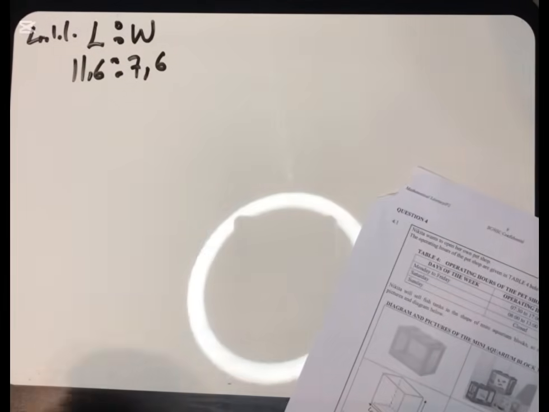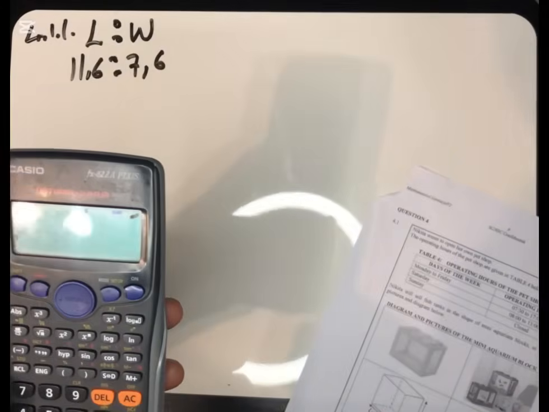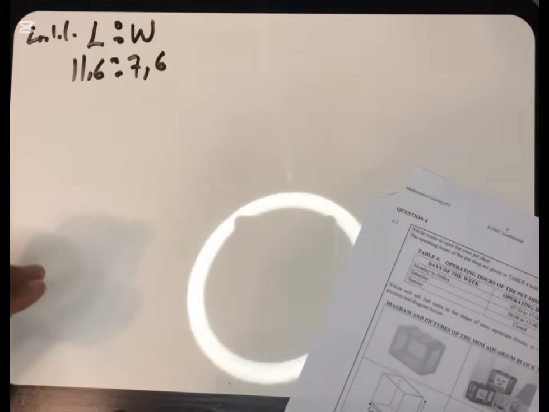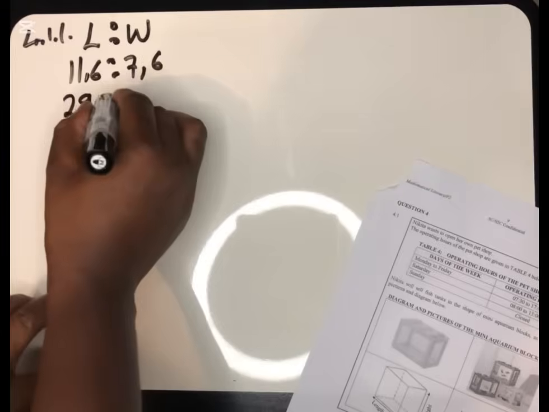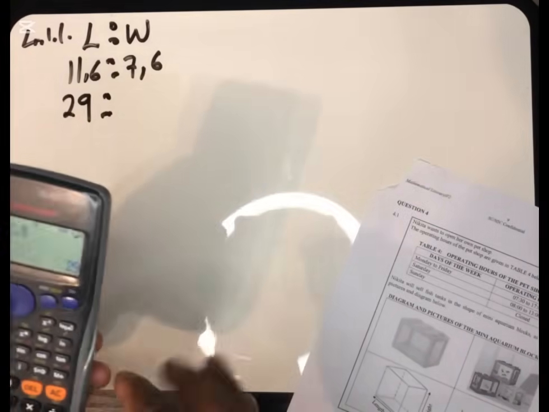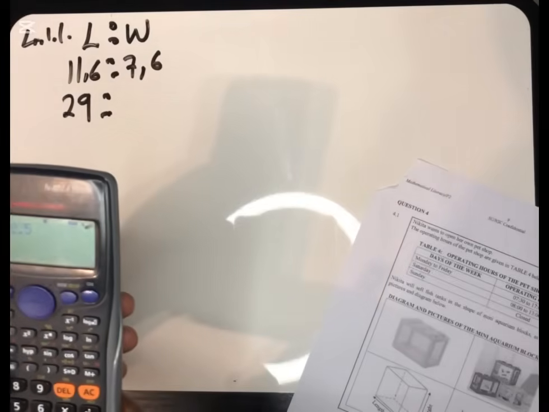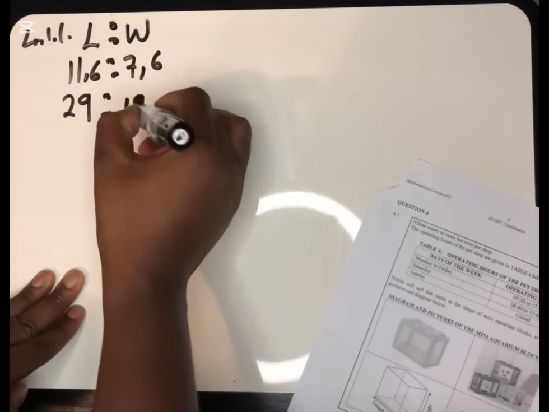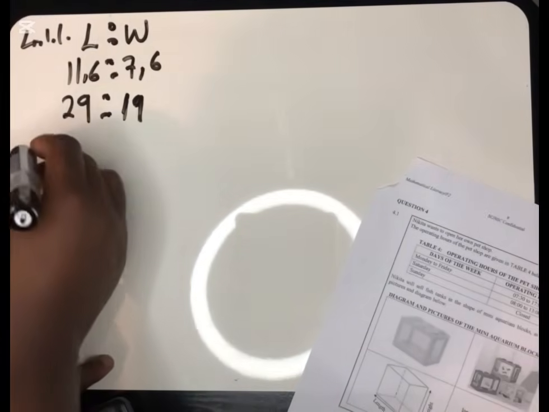In this case, if you multiply everything by 2.5, I think it will remove the decimal. 11.6 multiplied by 2.5 is 29. 7.6 multiplied by 2.5 is 19. So we have 29 is to 19. This is a simplified ratio. We don't have a decimal anymore. So we move on.